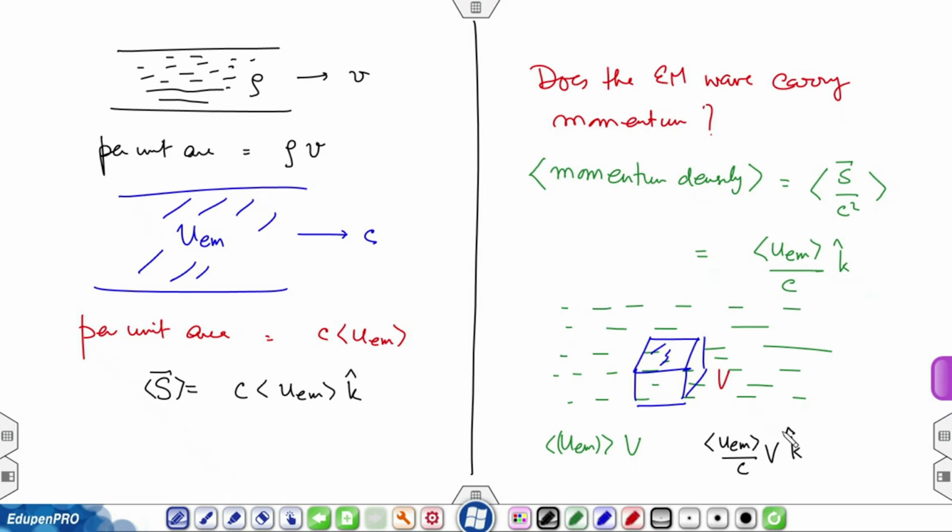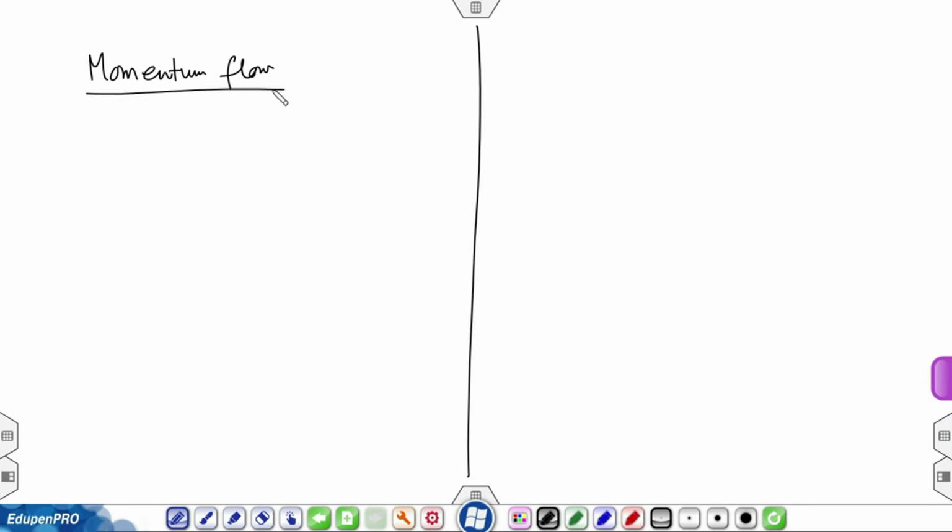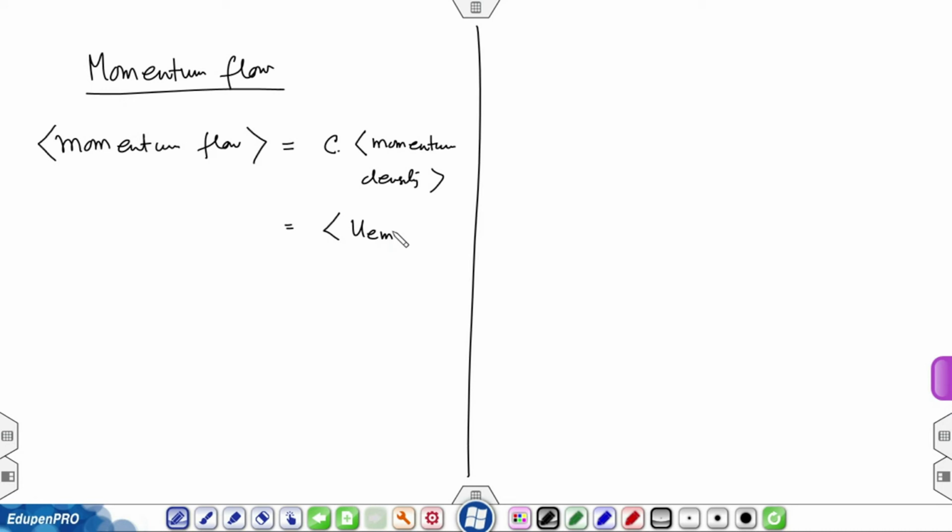Obviously, if there is momentum, just like there is energy flow, there is momentum flow also. What will be momentum flow? Momentum flow per unit area per unit time is going to be equal to c times momentum density. So, this is going to be equal to average u EM in the k direction.